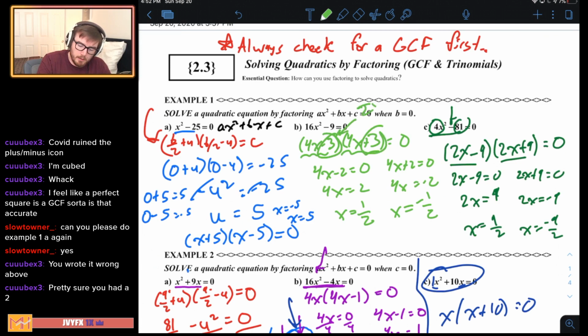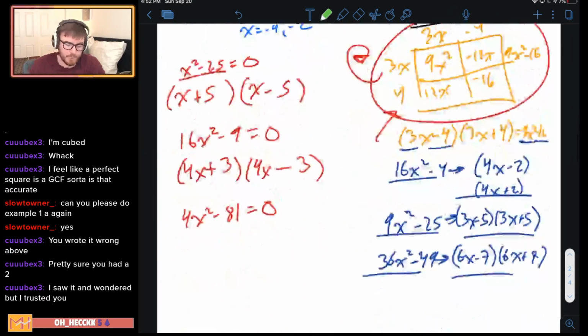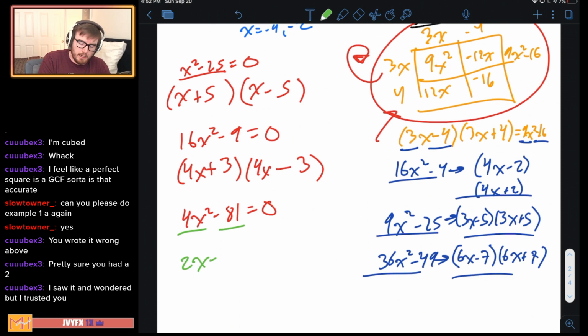I'm dumb. For x squared. You trusted me. Don't trust me. I can make a mistake every once in a while. Take the square root, take the square root. 2x minus 9. 2x plus 9.